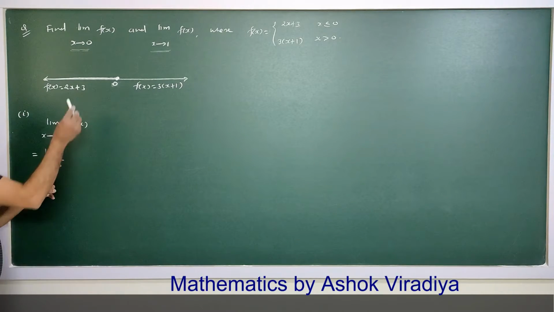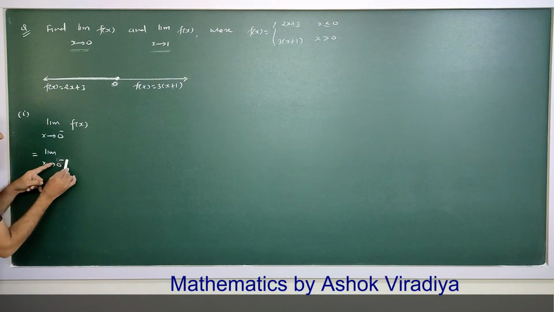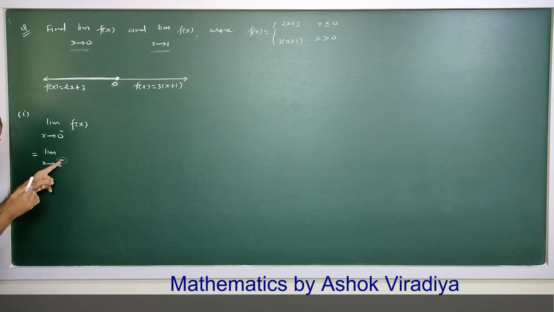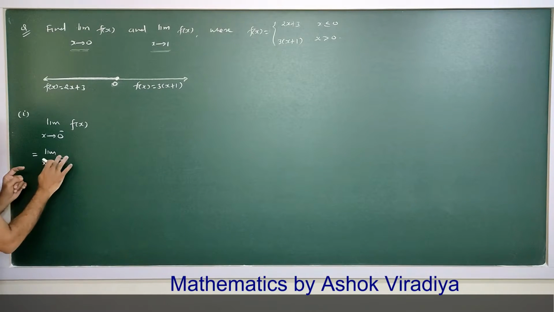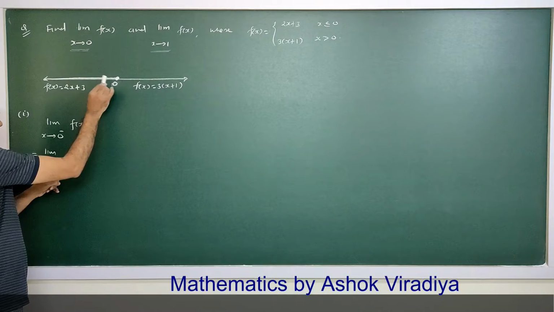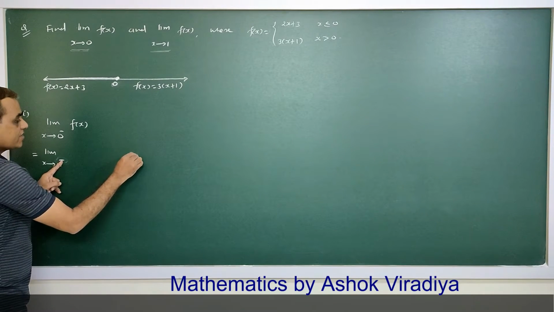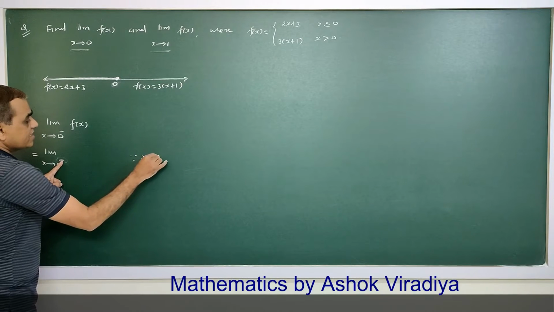X is coming towards 0 from the left side. This sign indicates left side, not a negative. So x tends to 0 from the left side, that means x is less than 0.